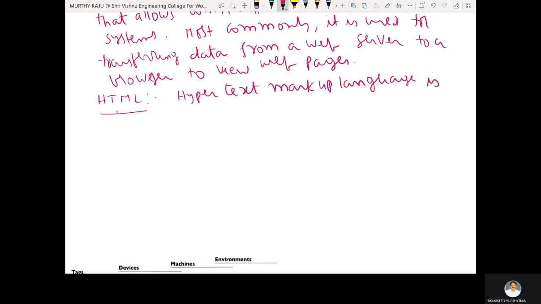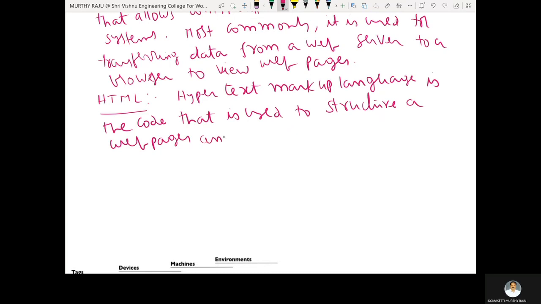It is the code that is used to structure a web page and its contents.